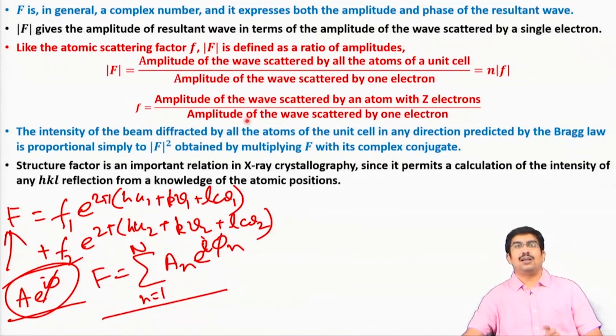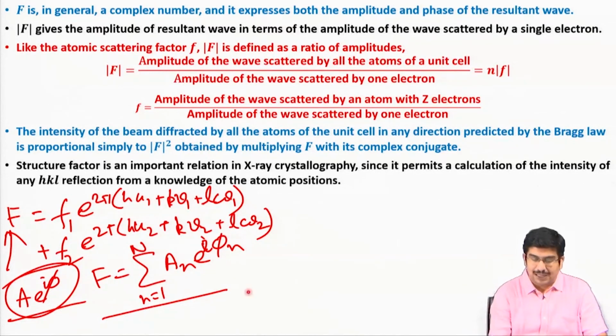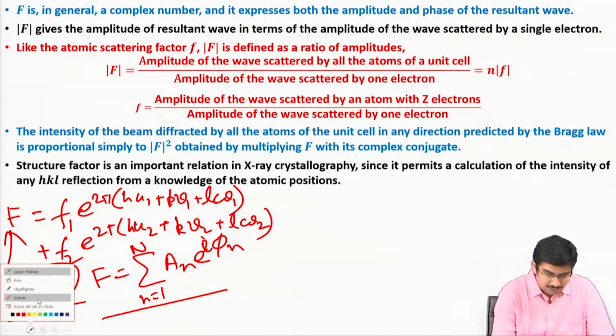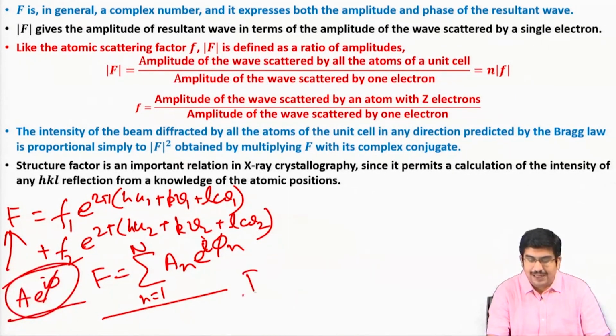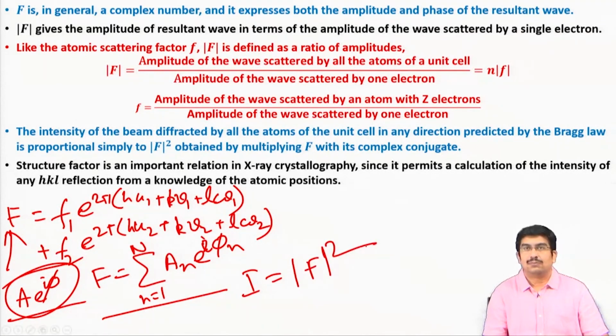And the intensity of the beam diffracted by all the atoms, whose direction is predicted by Bragg's law, is simply proportional to the square of the modulus of this amplitude of the beam. You can go back to the pen.